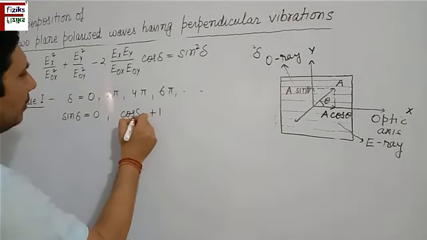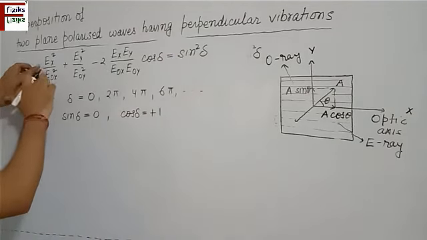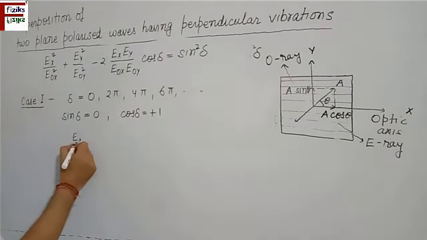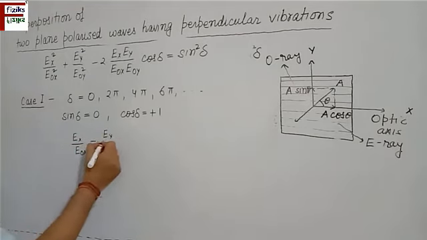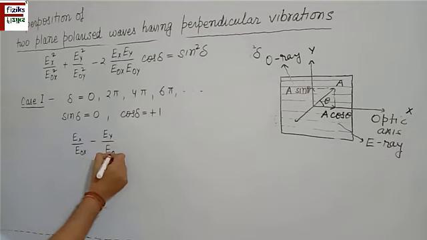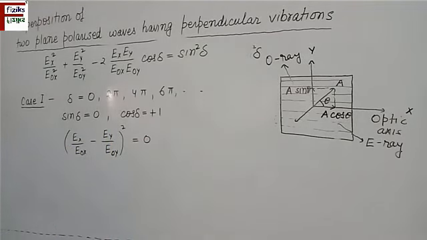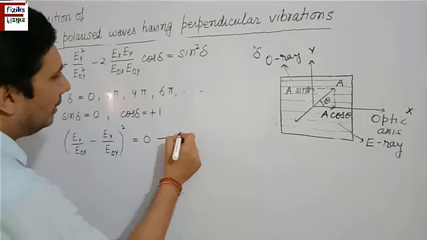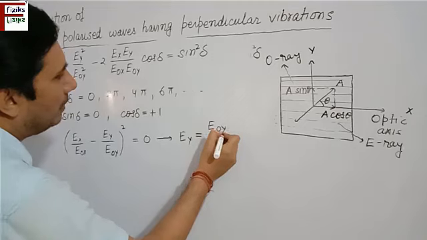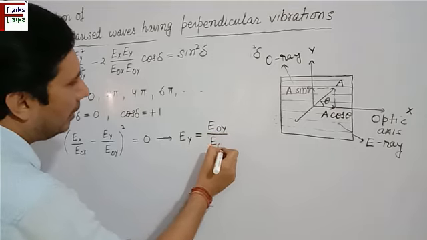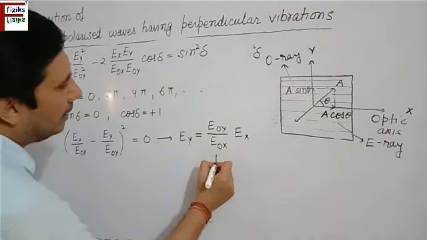If we substitute these two values here, then we will have (Ex upon E naught x minus Ey upon E naught y) whole square equal to 0. From this I can easily write down Ey is equal to E naught y upon E naught x times Ex, and this is the equation for plane polarized light.